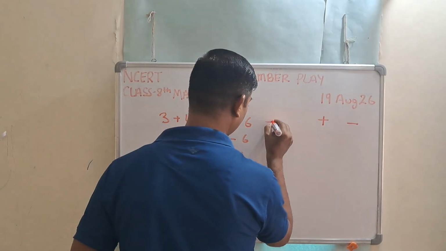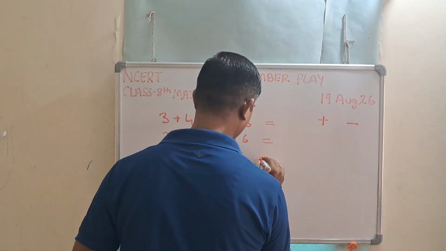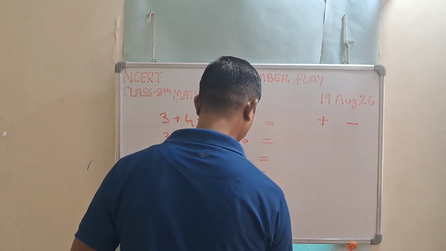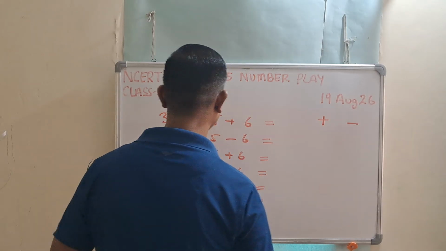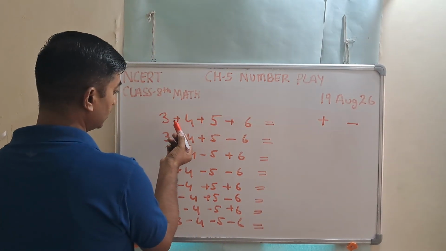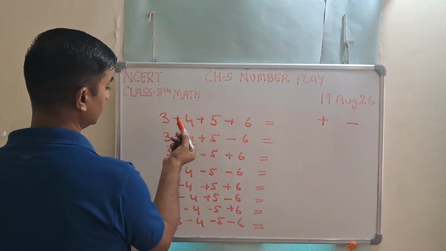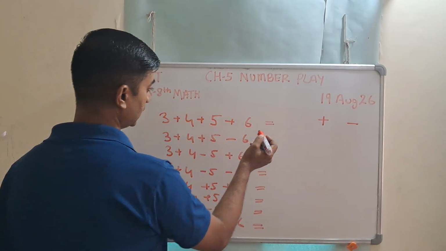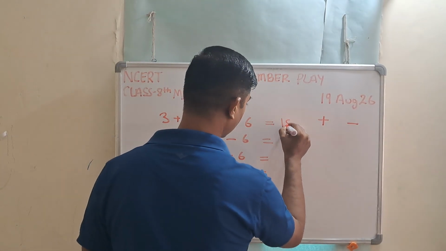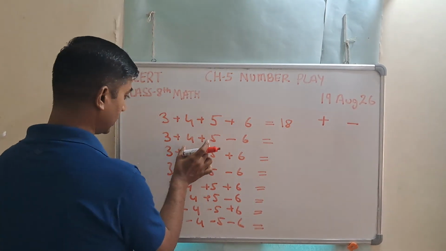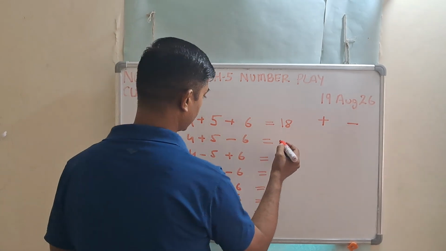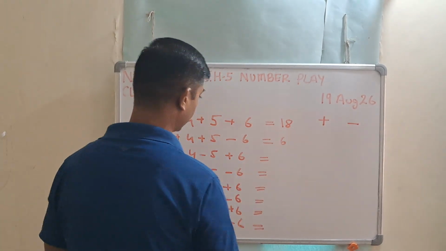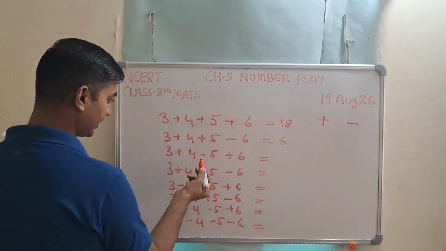What is the result? This is 18. Now what in this case? 6. And what in this case?